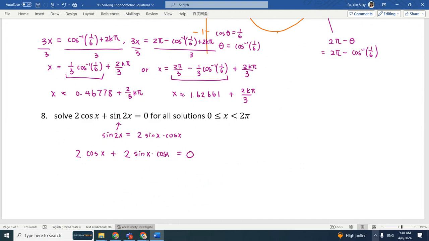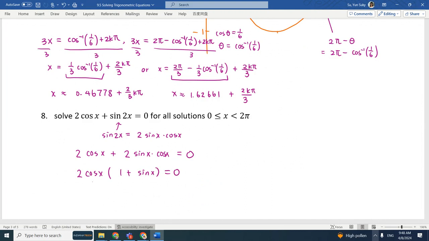Even though we have different trig functions, can you see there is a common factor? If you're able to factor it, you don't need to make all the trig functions the same. What can you factor? The cosine. What's left? 1 plus sine x. See, you get a product of two factors equal to 0.